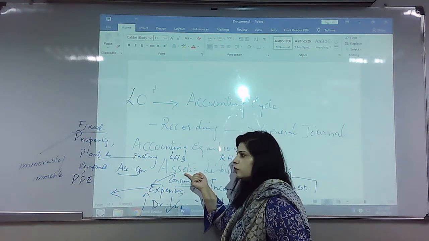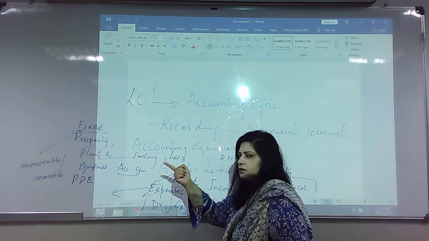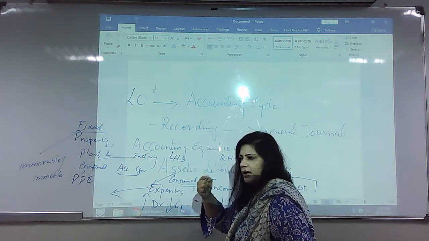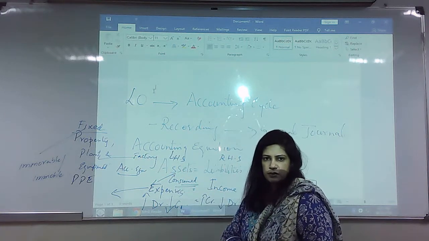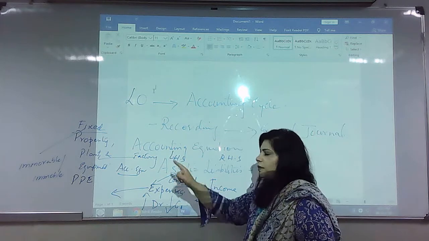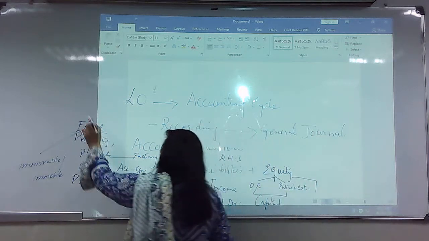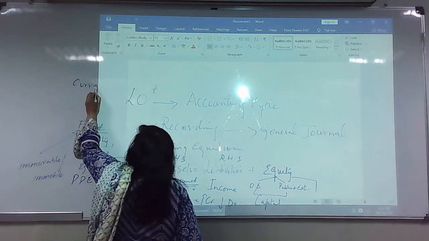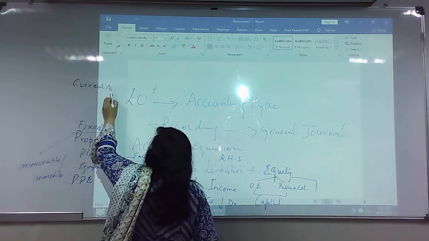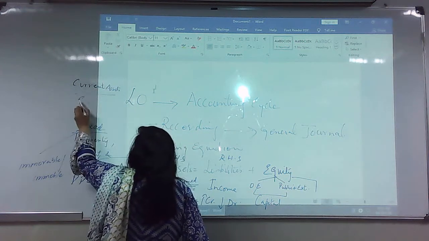when you buy some plant, property, equipment, car, land, or you have cash, cash is also an asset, but it's not a fixed asset, okay? So that means then we have current assets. Current assets, like cash.